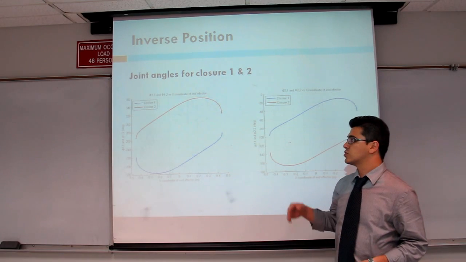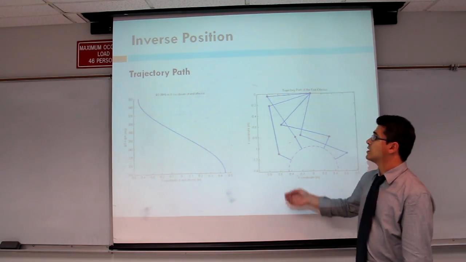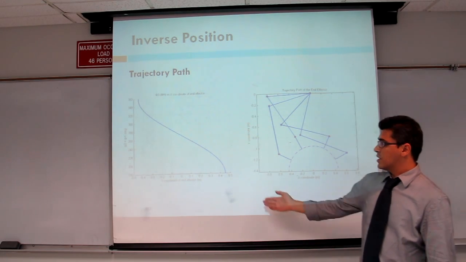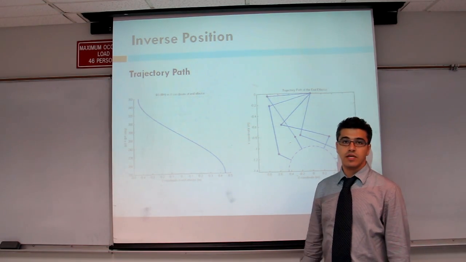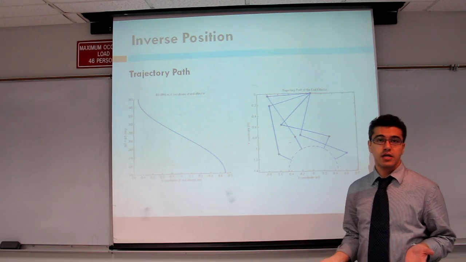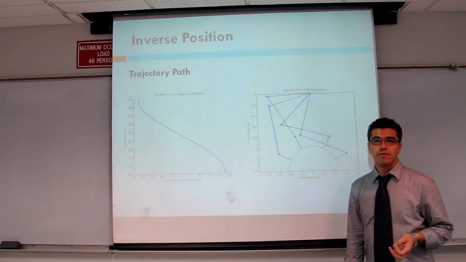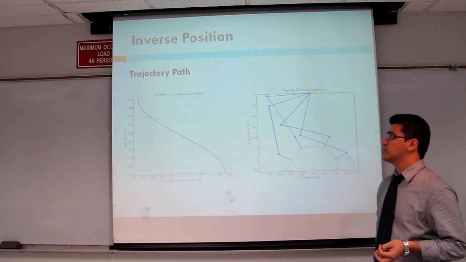As we can see, there are no jumps or singularities in the diagrams. And in these diagrams, the trajectory path of the end effector has been shown as a function of the x coordinate of the end effector. And here you see 4 different closures of the robot.